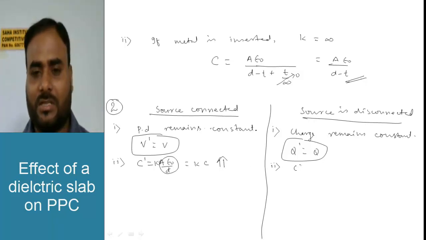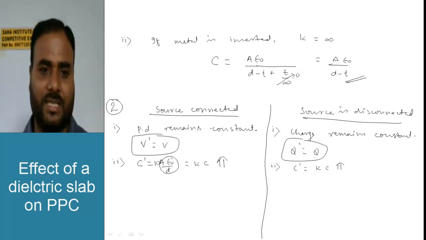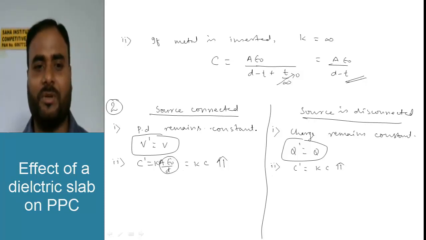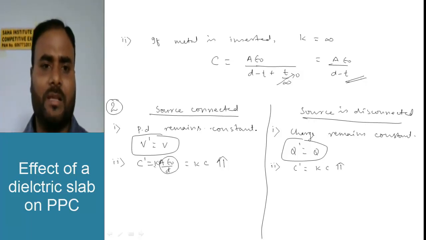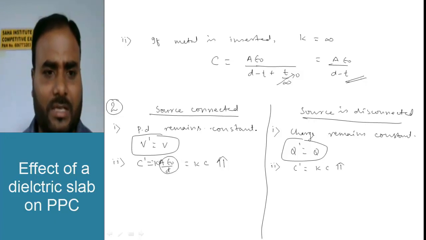Here, the new capacitance will also be K times C because capacitance is directly proportional to the permittivity of that medium. So the permittivity of the medium will increase when we insert a dielectric slab in the capacitor.